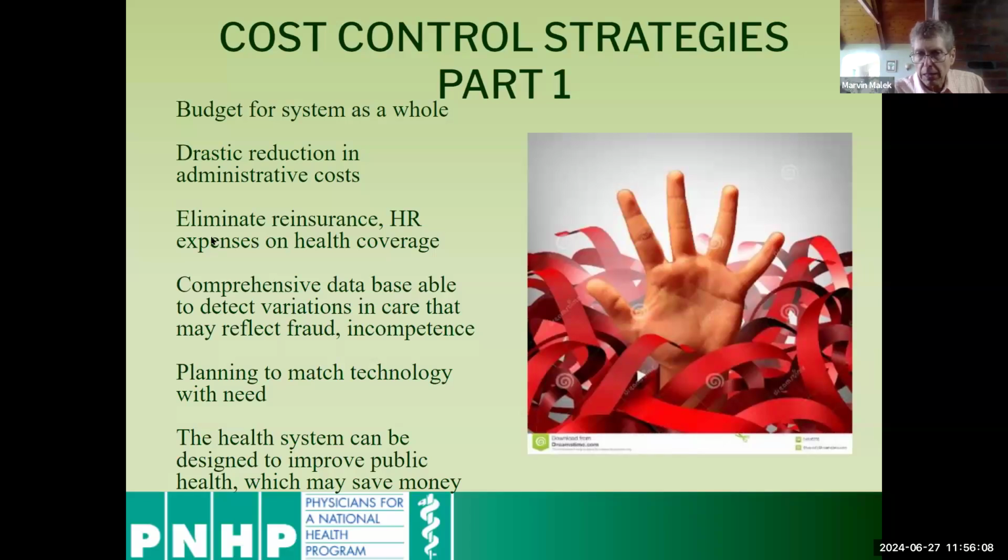So that one related to prices, that there's lower prices for the hospital if they can eliminate part of their personnel department. How about this one? Here, a single payer system provides a comprehensive database which can detect variations in care. So I gave the example of a primary care doctor who's billing for 95 patients in a day, when that may be fraud.